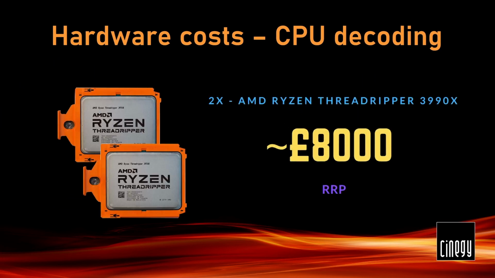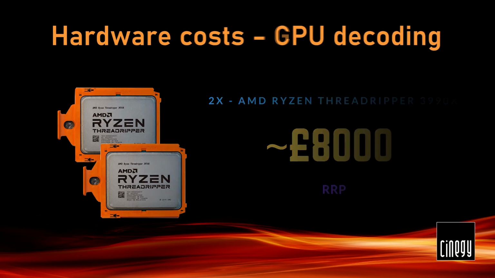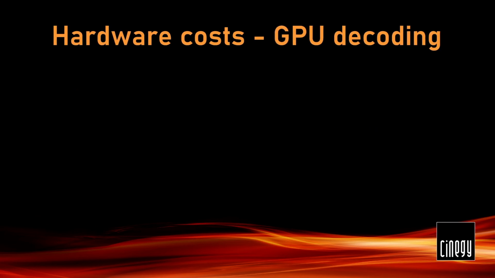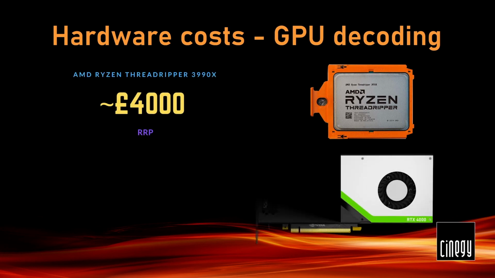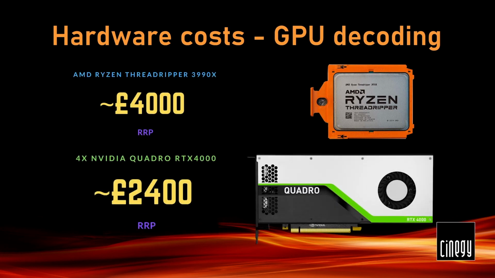Not only would it result in doubled power consumption, but also cost you around £4,000 in purchase price. The cost of our Threadripper with 4 Nvidia RTX GPUs set up is roughly £6,500.